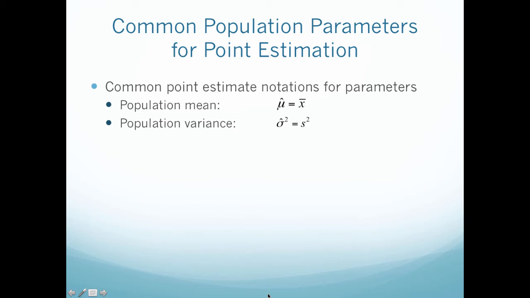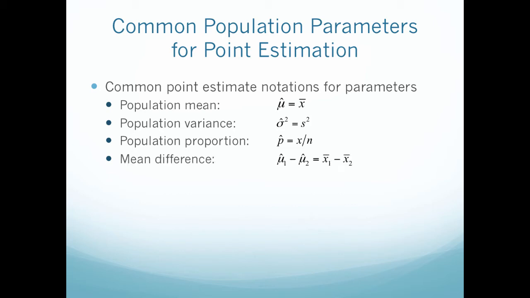Then our population variance, we would have S squared, which is my sample variance, which would then predict my sigma squared. Okay, so population proportion, which is one thing relative to another, we would have just my number divided by my sample size. That all would then predict my p hat or my proportion hat.